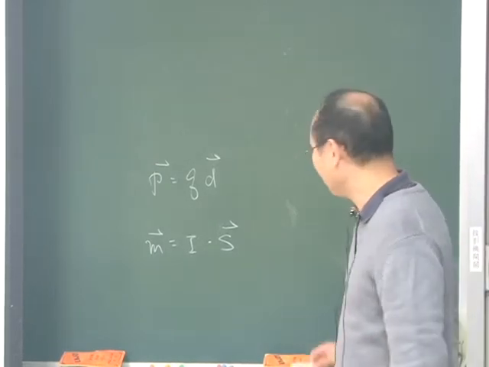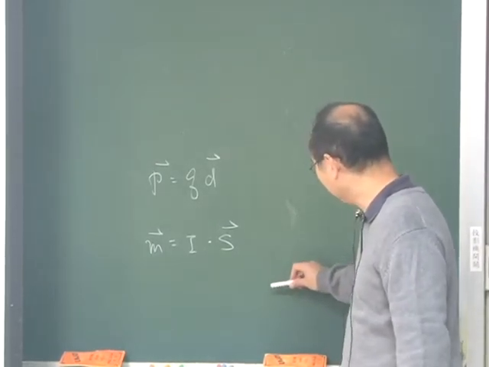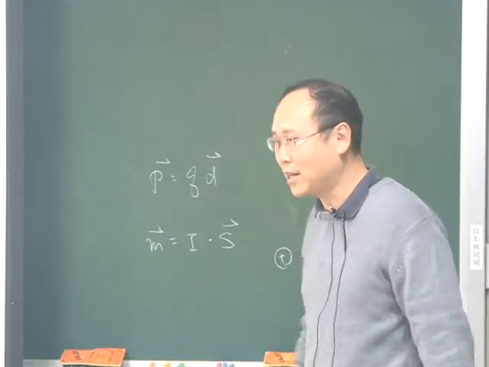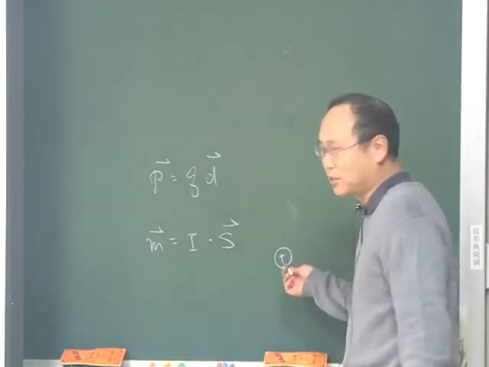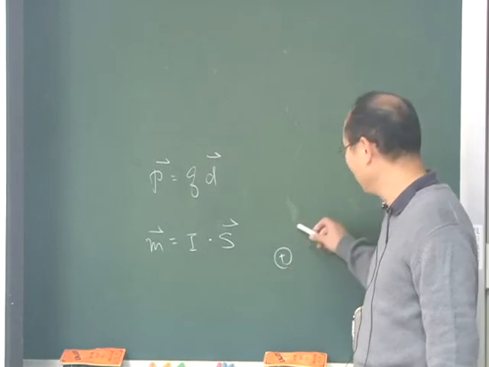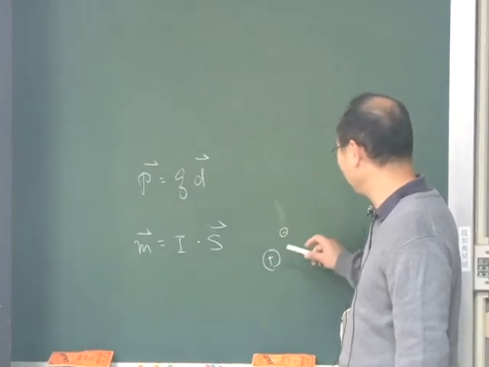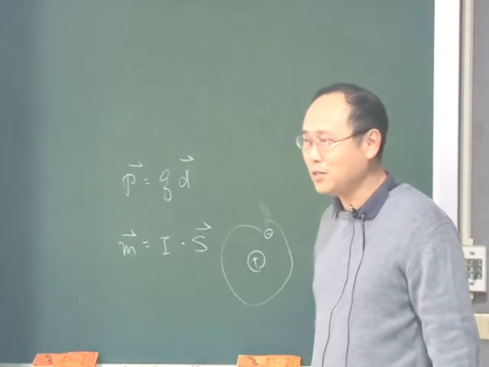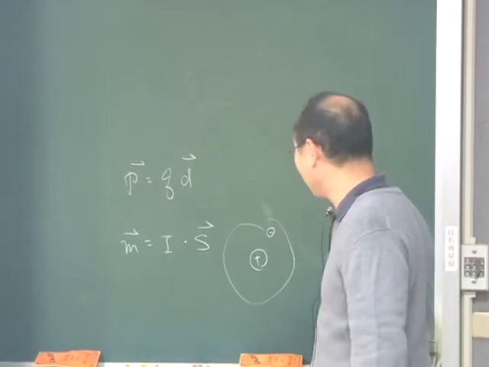In the natural world, in the atom, you have some positive charge at the center, and some negative charge outside, going around with some trajectory.